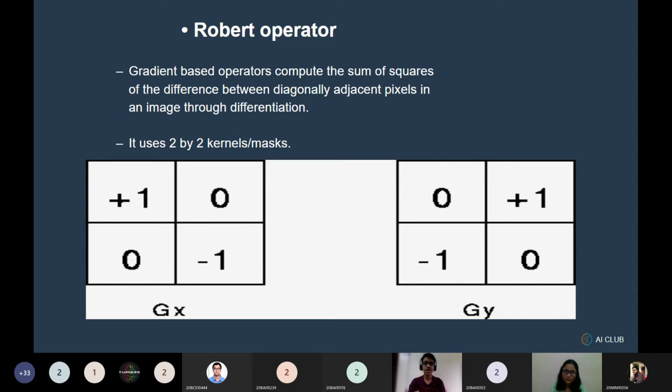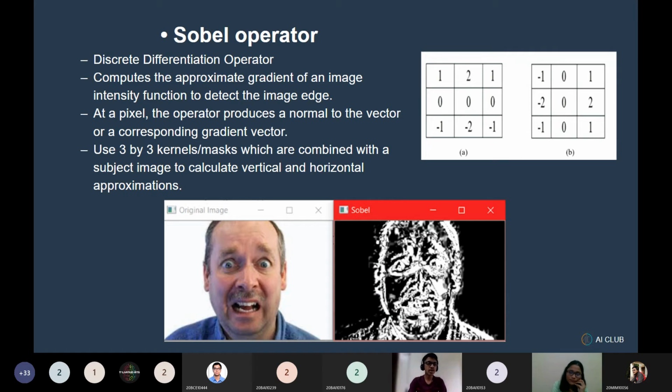So that's all about the Roberts operator. You perform a convolution operation using the Roberts mask kernel, and you get a diagonal edge. So moving on to the Sobel operator. If we have covered diagonal earlier, it's time for vertical and horizontal.